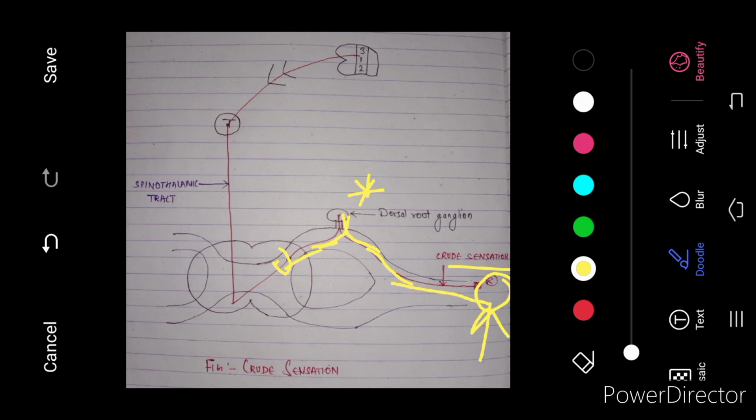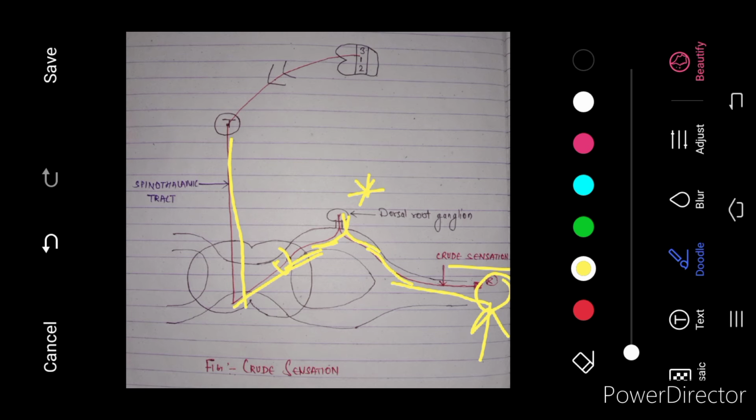After relaying on the dorsal horn, from there it crosses to the opposite side to the anterior column of white matter. From there the fiber starts to climb up towards the brain, crossing medulla and pons.